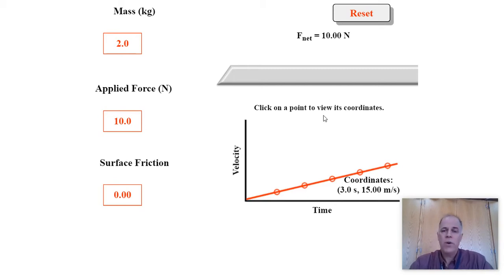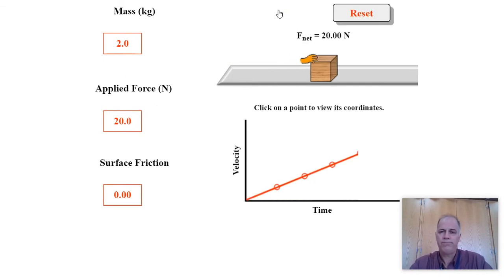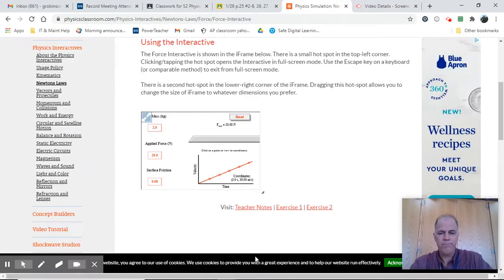It should. Okay, so once you have the information for the first one, then you reset the sim, and then you put in the information for the second one, which is still 2 kilograms and now 20 newtons. And we push the button. We choose a point, and we write down the information. 3 seconds, 30 meters per second.